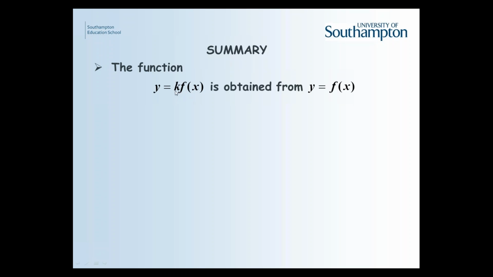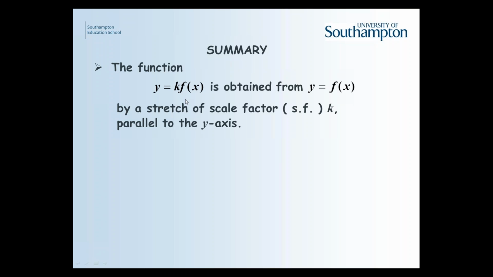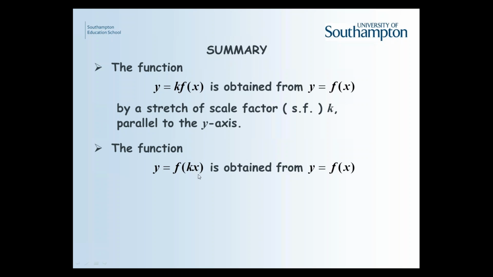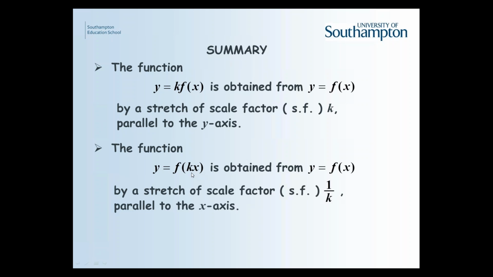Generally, though, whenever we have a number on the outside of the function, it's the scale factor of that value parallel to the y-axis. If it's inside the function, then the scale factor is 1 over that value, and it's parallel to the x-axis.